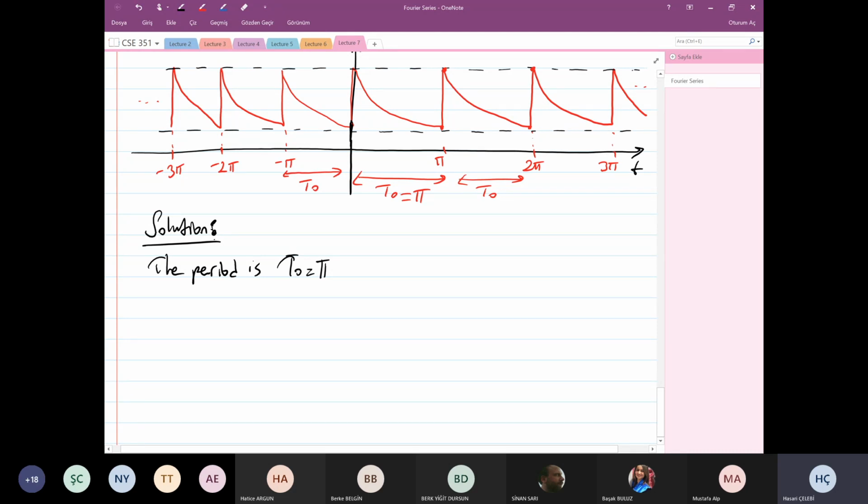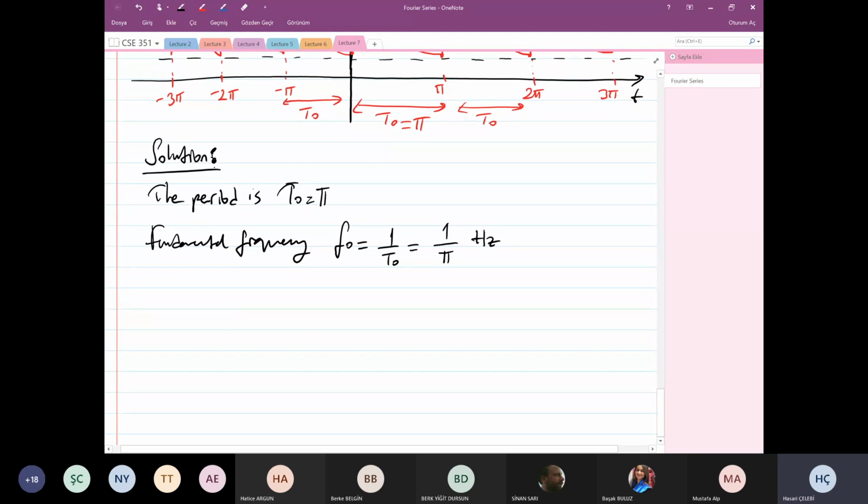After that, we need to find the fundamental frequency f0, which is equal to 1 over T0, meaning 1 over pi, and the unit is hertz.